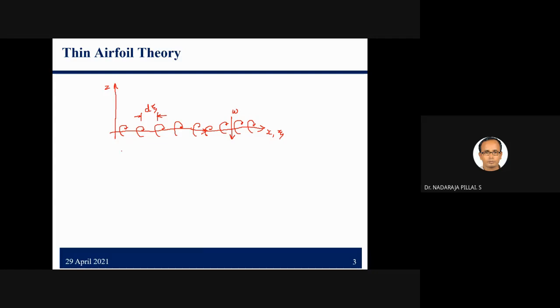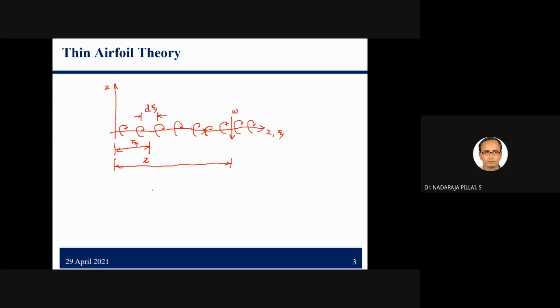If the point of interest is this, then this can be the zeta, and x is the point at which we want to calculate the induced velocity.